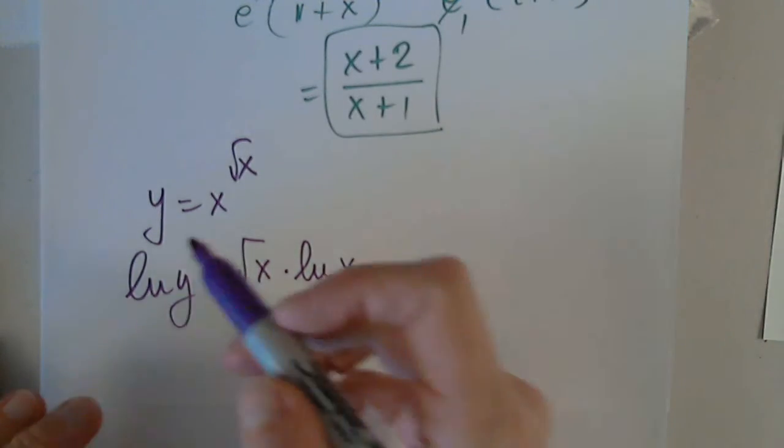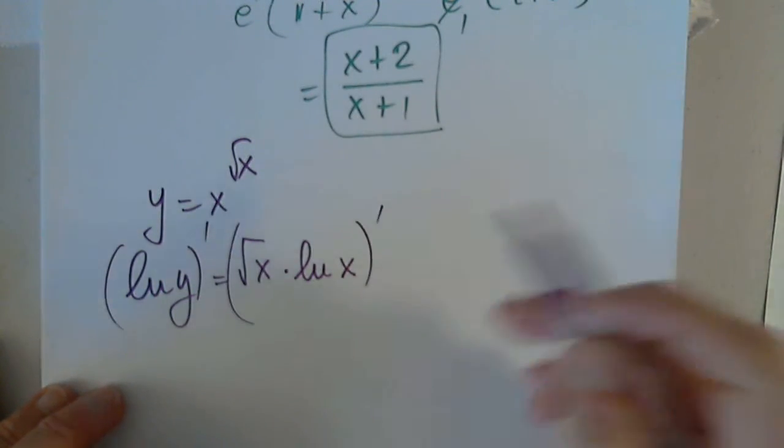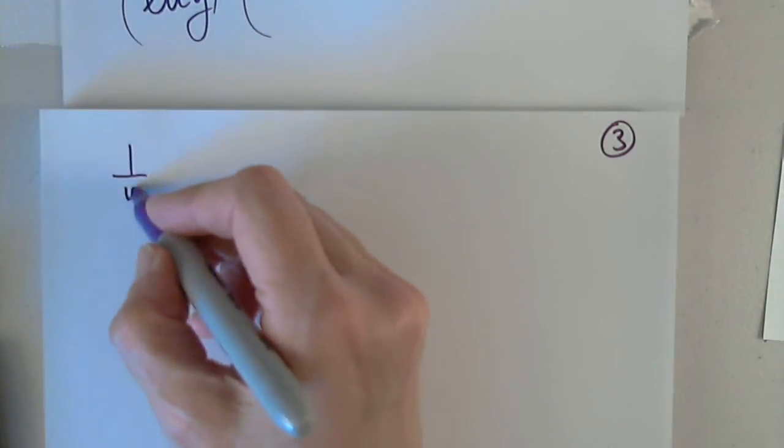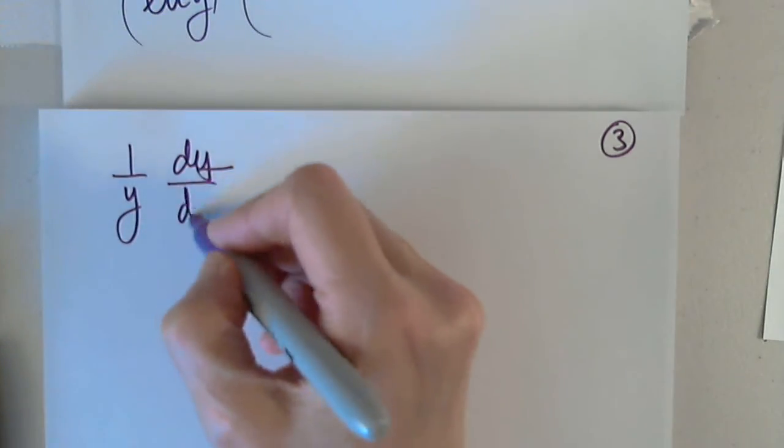Okay, so I differentiate the left-hand side, I differentiate the right-hand side. I'm on page 3. Okay, natural log prime is 1 over y dy over dx. This is a product.